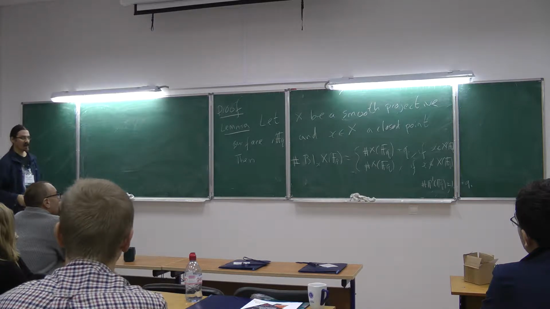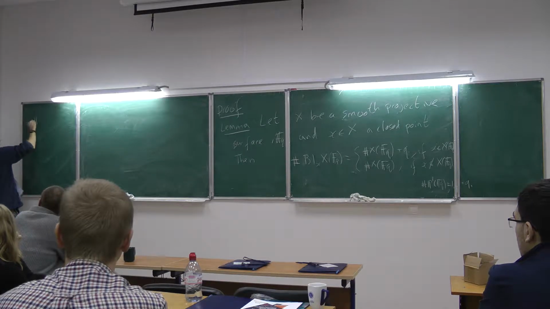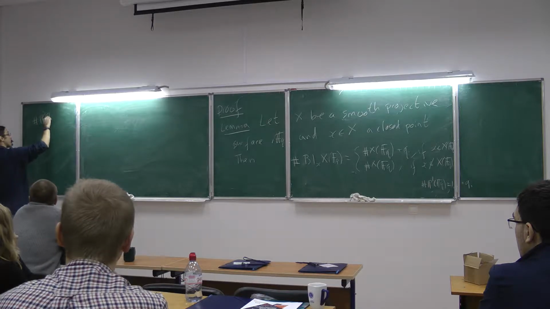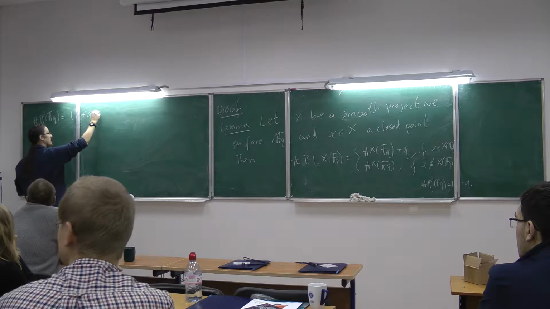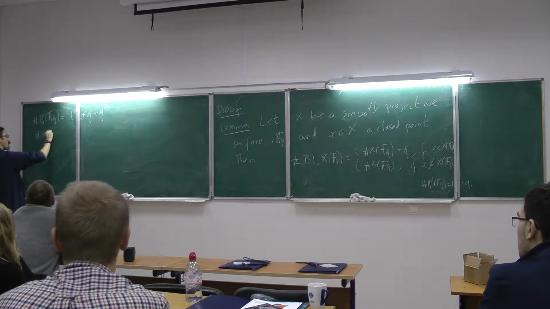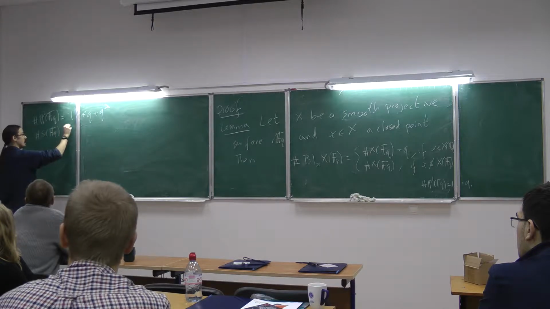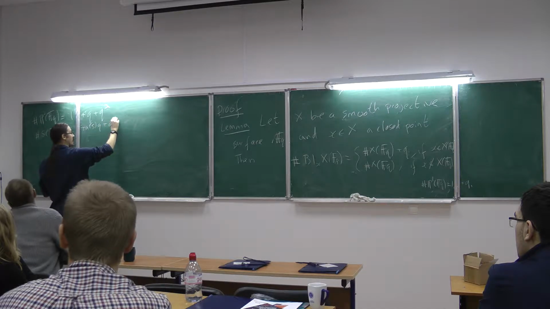Now hopefully the proof strategy for the first theorem should be clear, at least for some of the easiest cases. The number of points in P2 of F_q is 1 plus q plus q squared. The number of points on our surface is 1 plus the trace of Frobenius times q plus q squared.